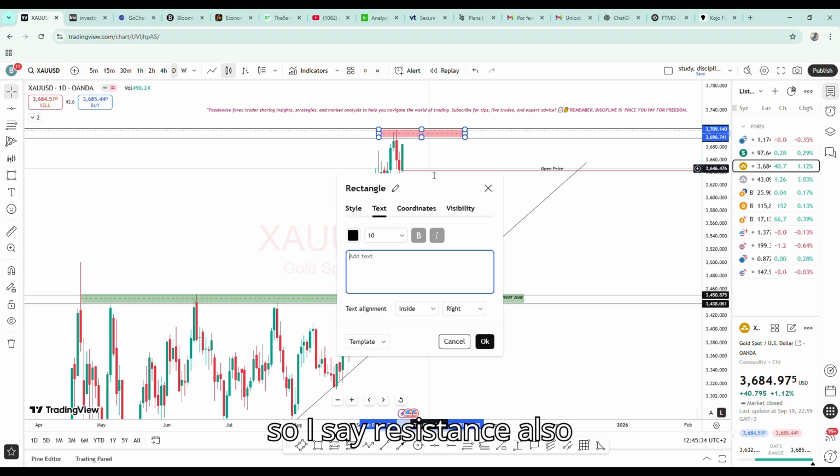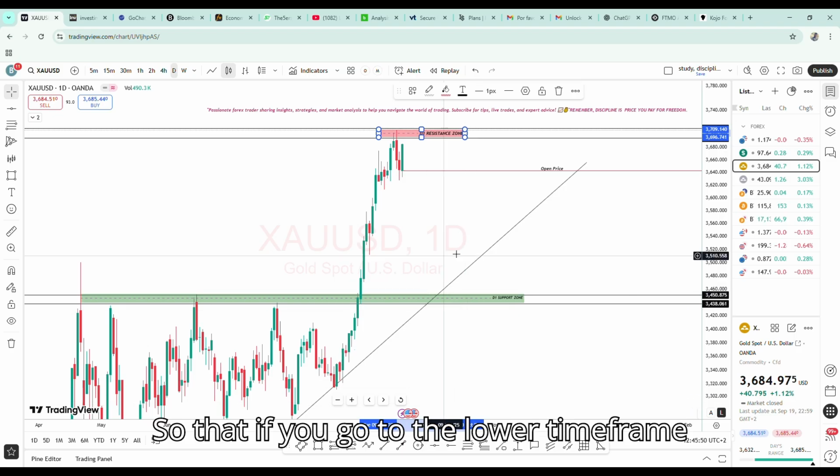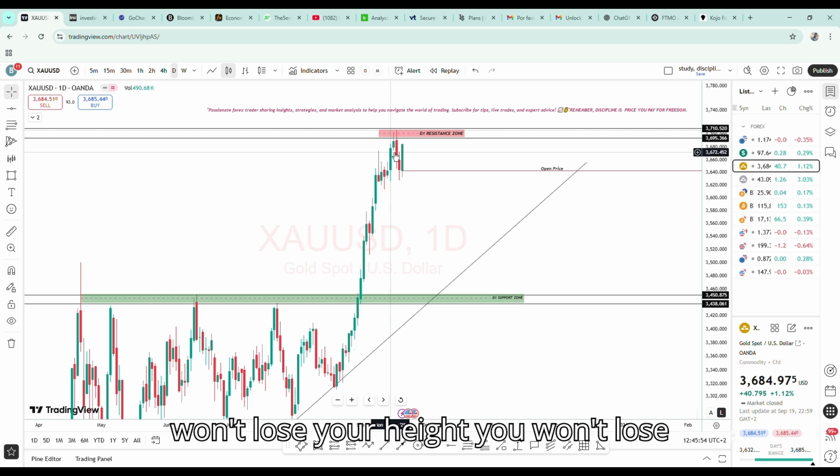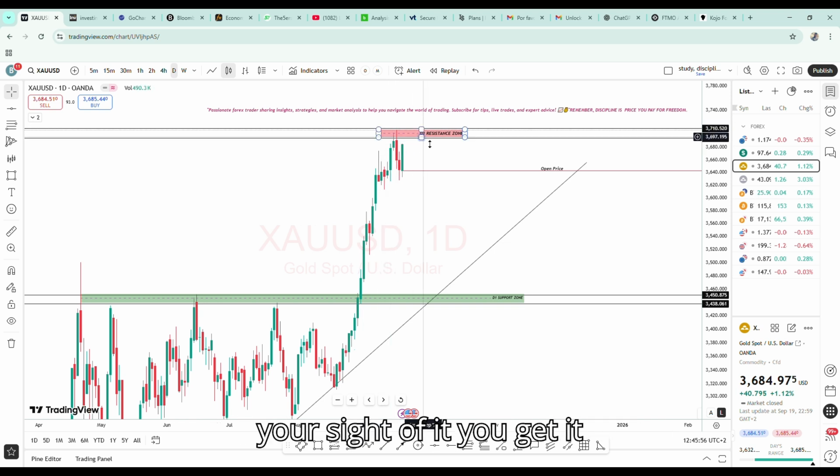I say resistance also: D1 resistance zone. This is how I do it, so that if you go to the lower time frame, you won't lose your highs, you won't lose the significance of it.